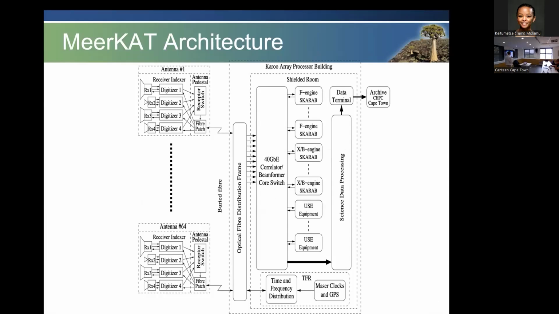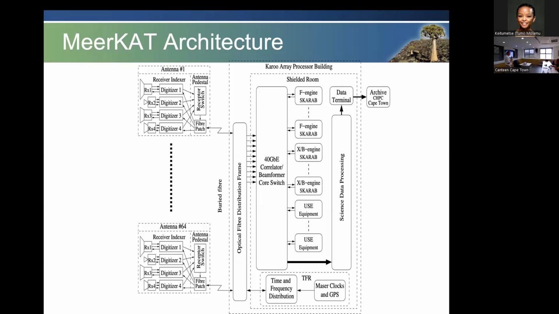So this is something which some of you will be more familiar with, which is the MeerKAT architecture, which is a pretty good representation of a modern radio telescope, particularly a mid-frequency telescope, using a reflector antenna. So we have a bunch of antennas, and on each of those antennas we have the reflector optics. The reflector optics is all completely passive.